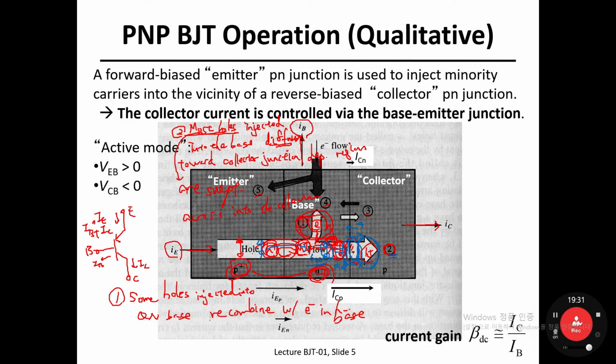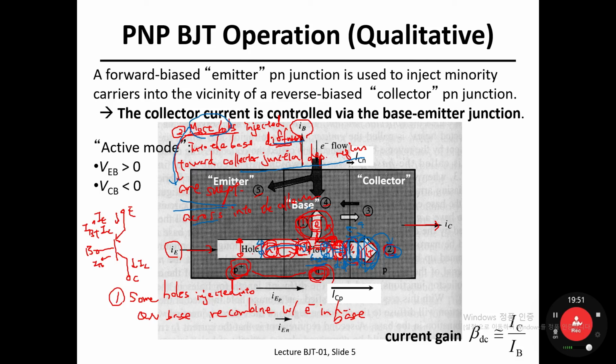Okay, that is number two. What number two is: most holes injected into the base diffuse toward the collector junction depletion layer, and they are swept across into the collector.